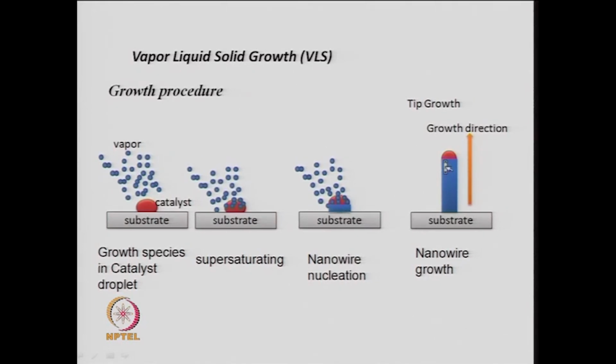So, the catalyst is always moving ahead and is at the tip of the nanowire, and as you see, the diameter of this droplet determines the diameter of the wire which will result from this process.